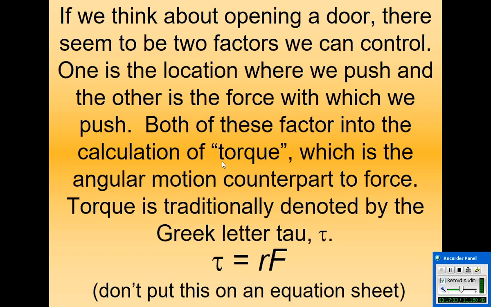Torque is the quantity that gets an object rotating, just as force is the quantity that gets an object moving. Torque depends upon the strength of the force, and it depends upon the location. And our first order guess for the expression for torque is R times F. But that's not complete.